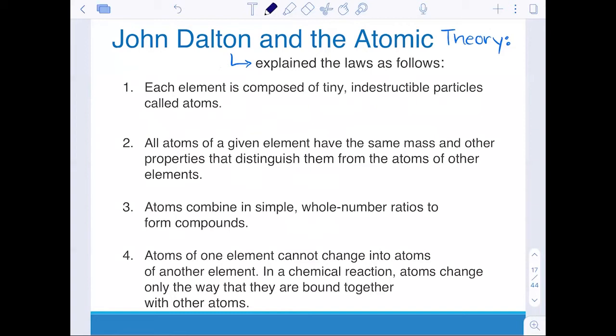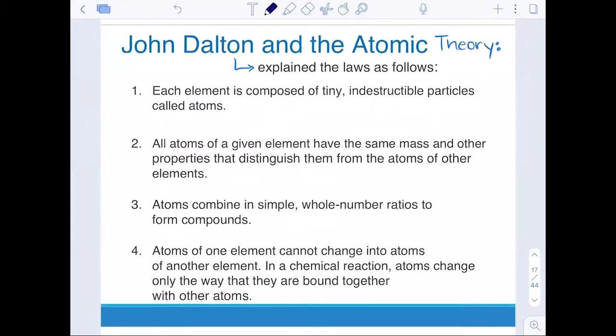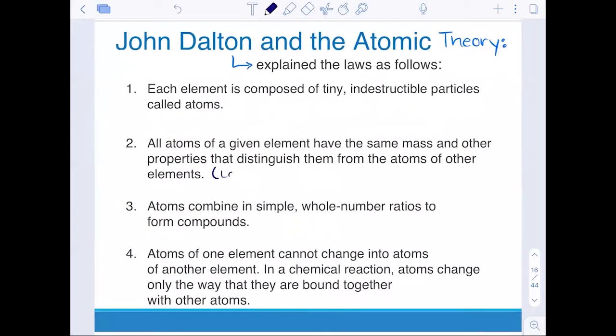The second one, all atoms of a given element have the same mass and other properties that distinguish them from other elements and atoms of other elements. So this looks at the law of definite proportions, a little bit also in terms of the law of multiple proportions.